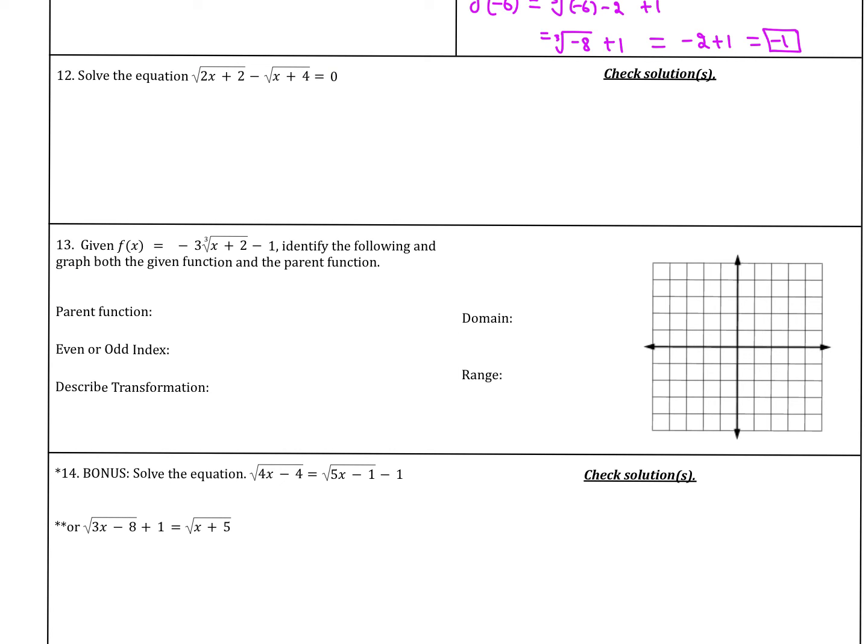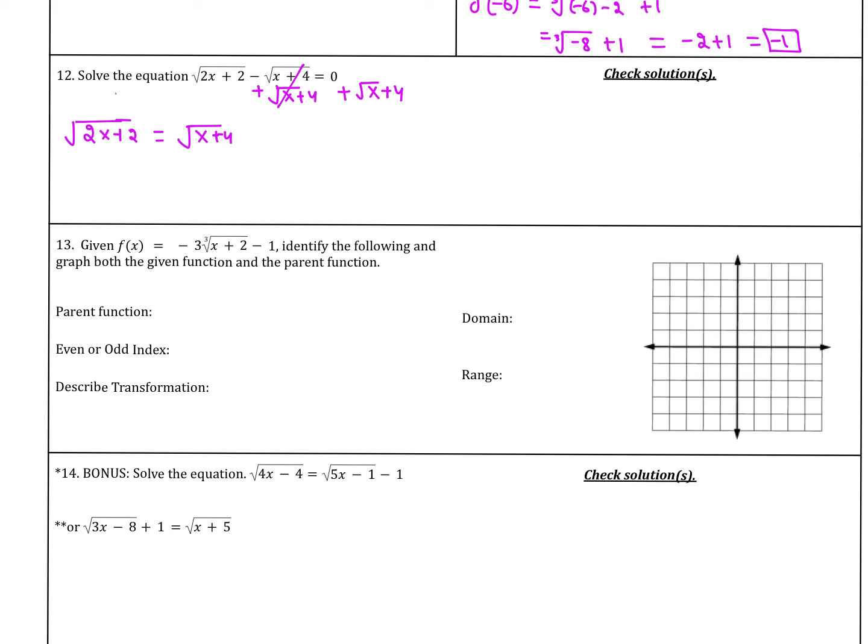For number 12, you're going to first isolate the two radicals. So bring that radical to the other side by adding the radical on each side. What you get here is the square root of 2x plus 2 equals the square root of x plus 4.